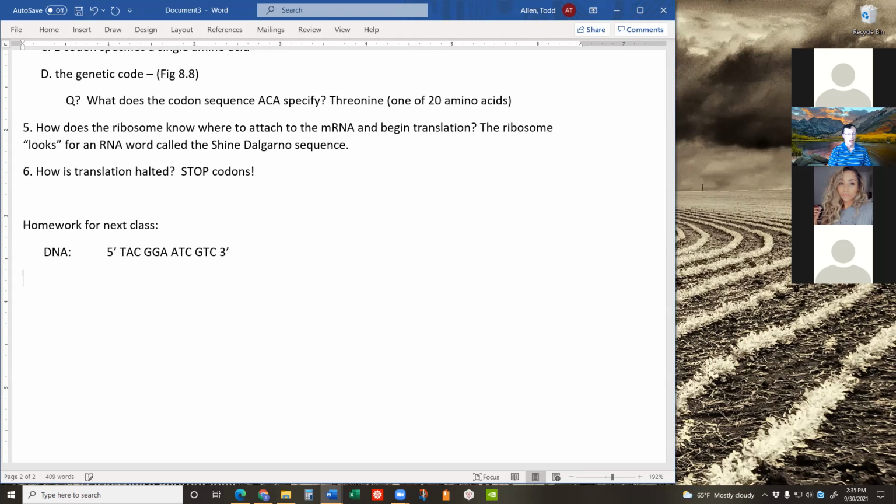Through your homework, I want you to write out the RNA that would be made from this sequence. Write out the RNA that would be made from this sequence. That's number one.